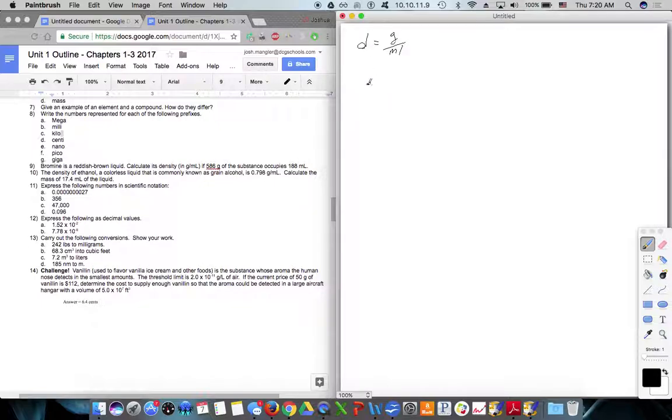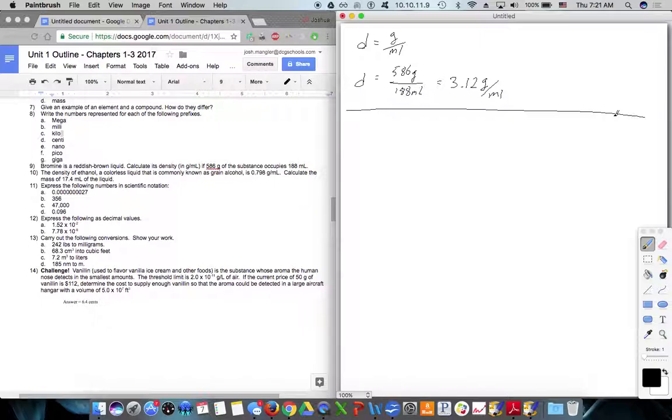And so if we have 586 grams and we have 188 milliliters, we can figure out the density of that substance. I have a calculator here that I'm going to be using as well, so I don't have the answers, so you can see kind of how I do things. It is 3.12 grams per milliliter.